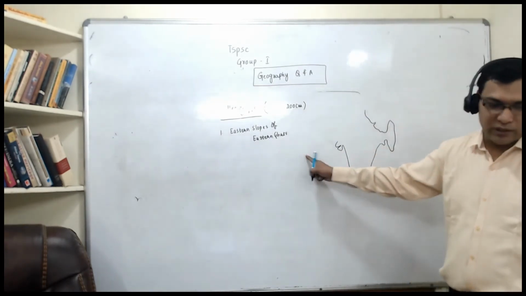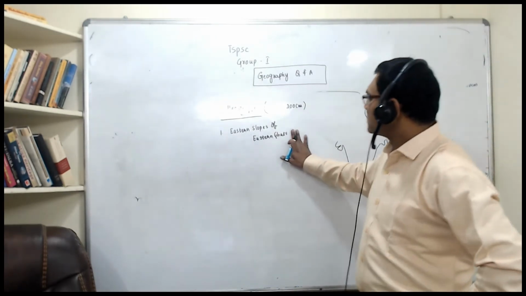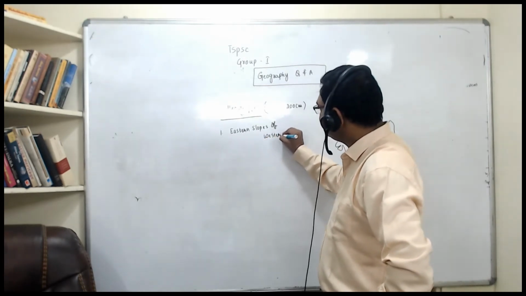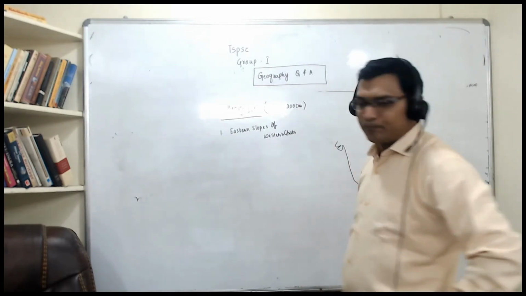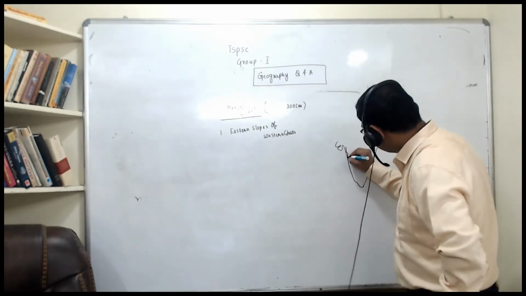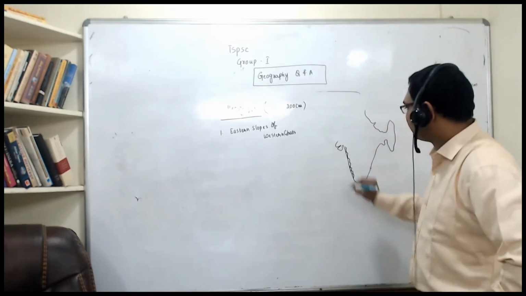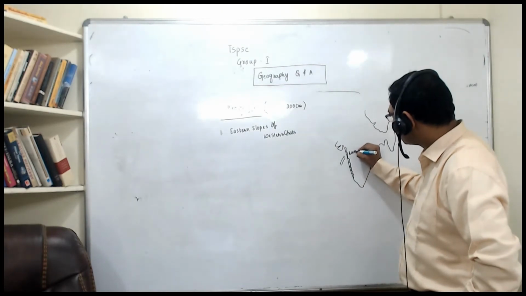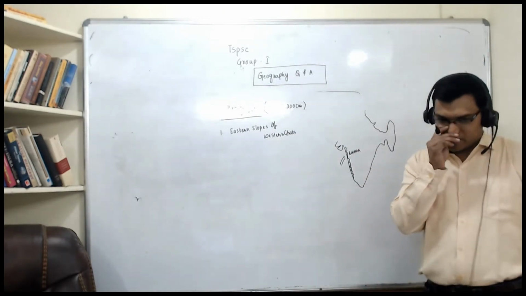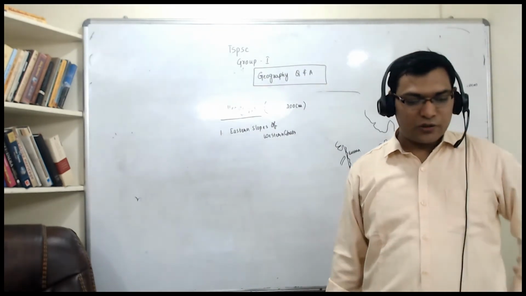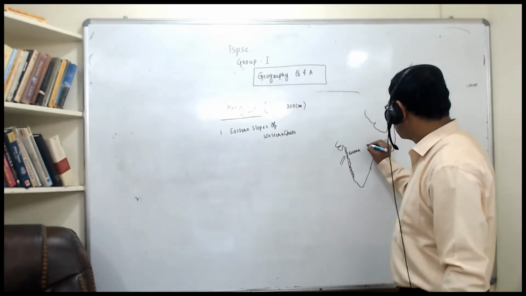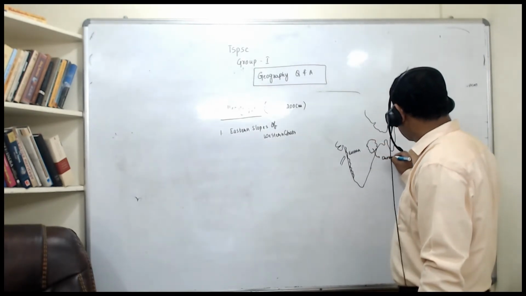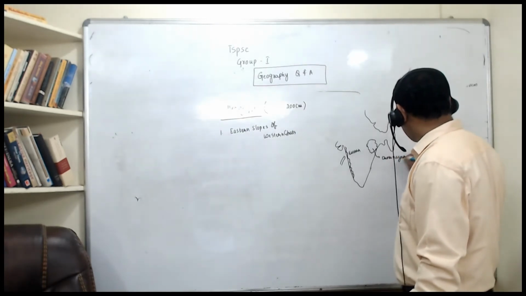They receive 100 to 200 centimeters of rainfall. Number one. Then also the eastern plateau, that is part of the Chota Nagpur plateau.